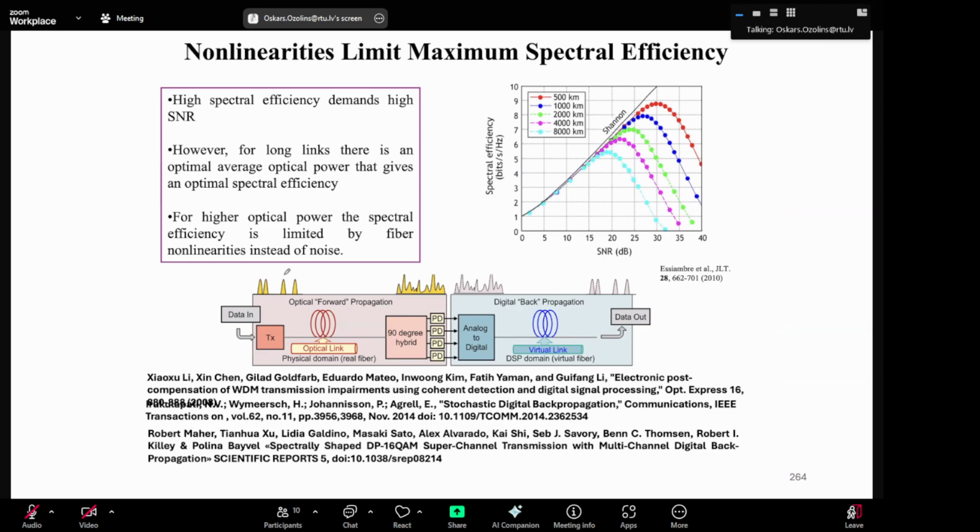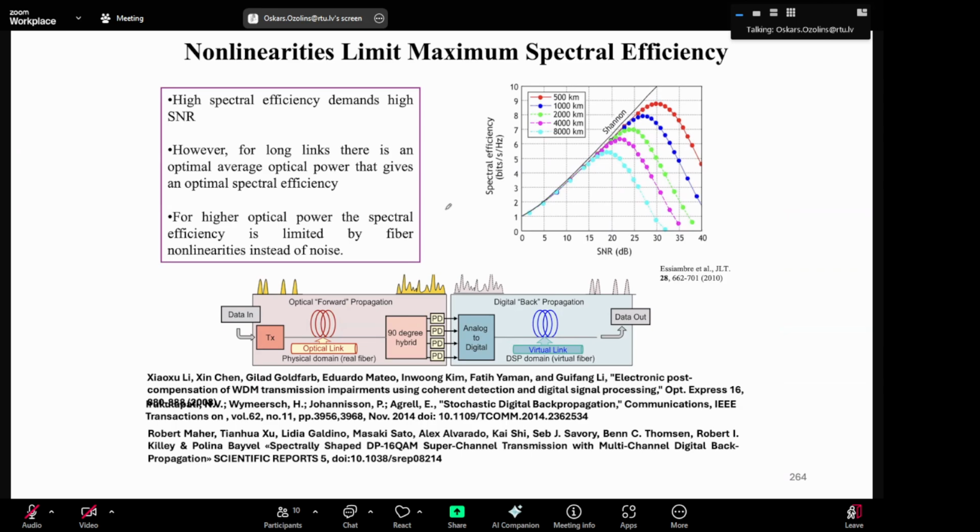So what can be done is that this effect of nonlinearities can be combated. For many years they used the Manakov equation to model the optical link and to calculate how far the distance can go and what type of effects will be in a system.